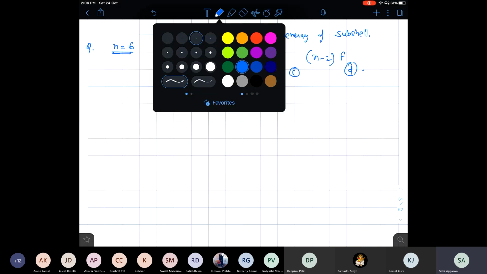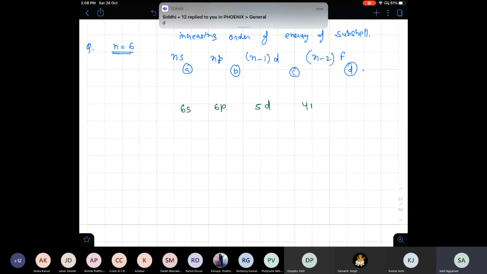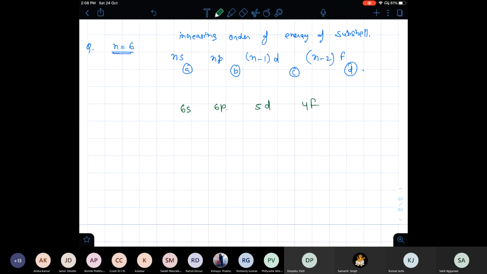Let's name them first. This will be 6s. This will be 6p. This will be 5d. And this will be 4f. Right?